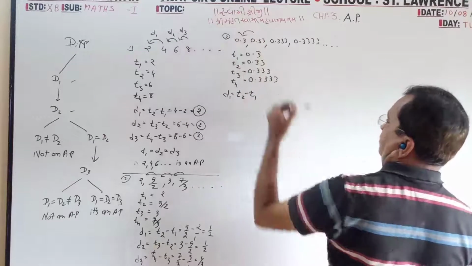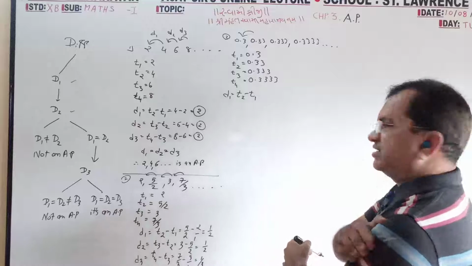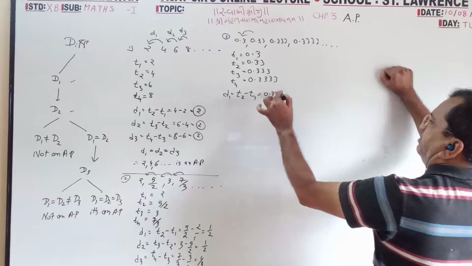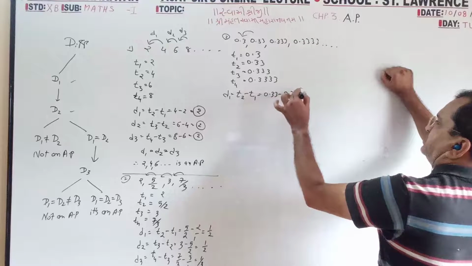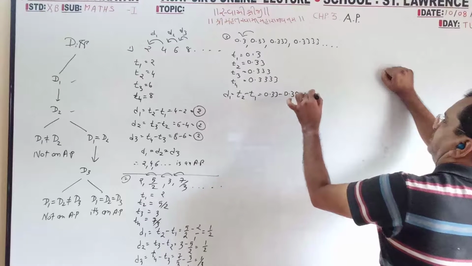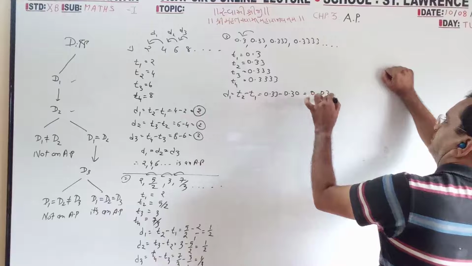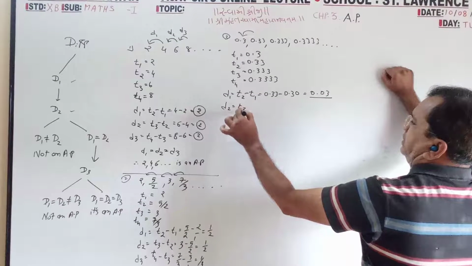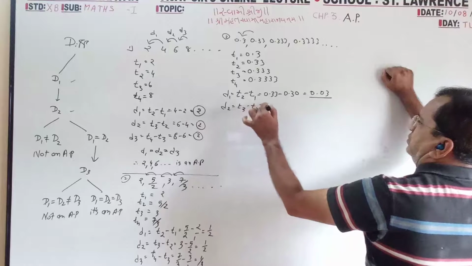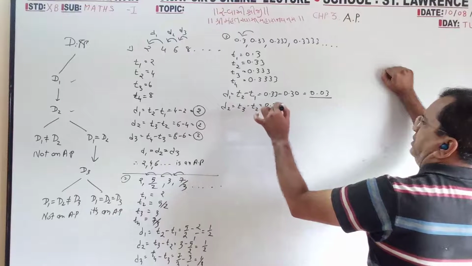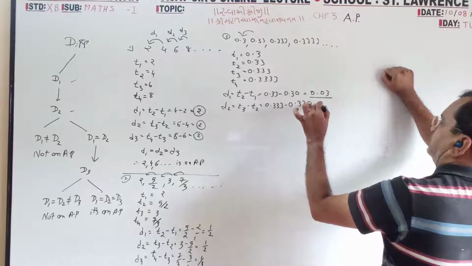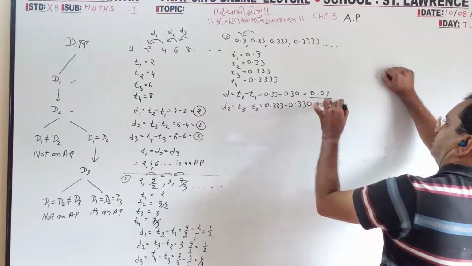Next minus previous is always the difference. So 0.33 minus 0.3 is 0.03. Now difference 2 is equal to T3 minus T2. So 0.333 minus 0.33 is 0.003.